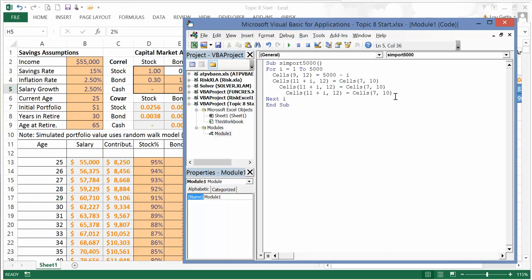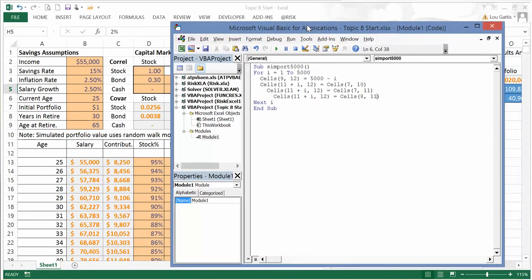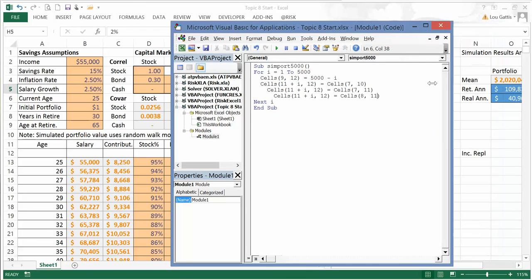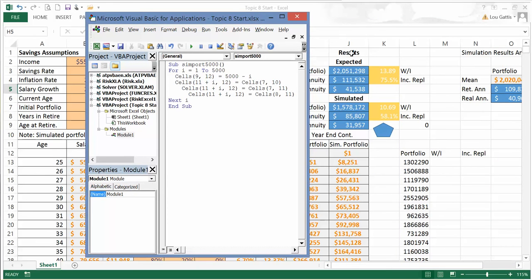So I said 711 and 811 are my values for wealth to income. So it's 711, 811.